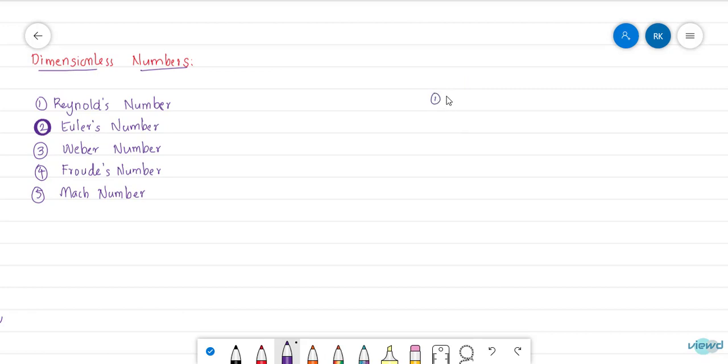So first, Reynolds number is equal to inertia force by viscous force. Inertia force divided by viscous force. So what is inertia force? Inertia force, we got it as rho V square L square, divided by viscous force. Viscous force is equal to mu V L.